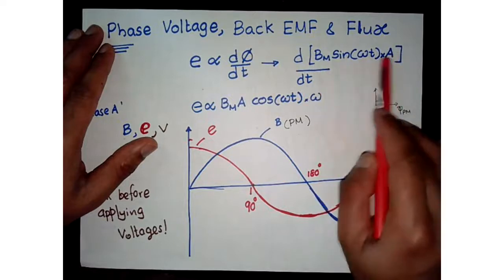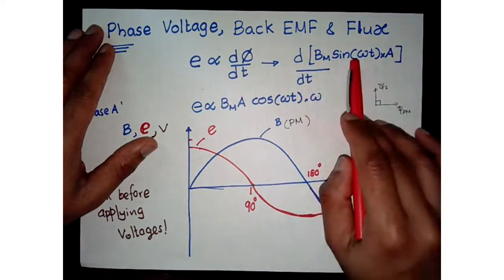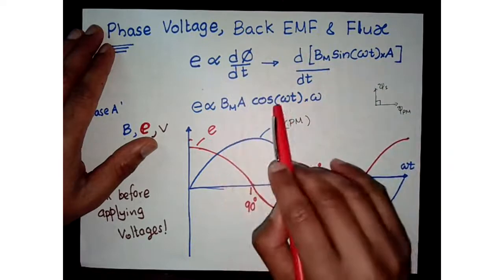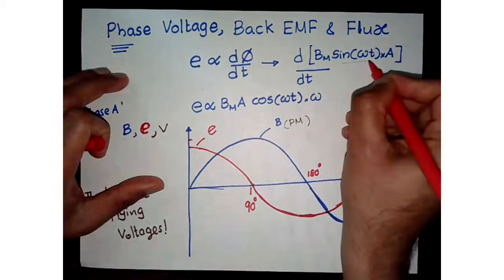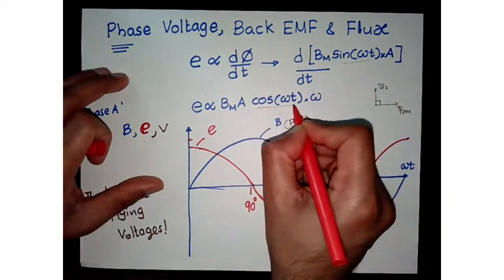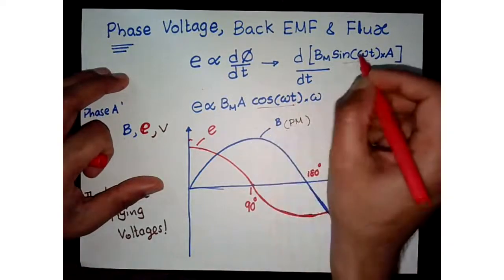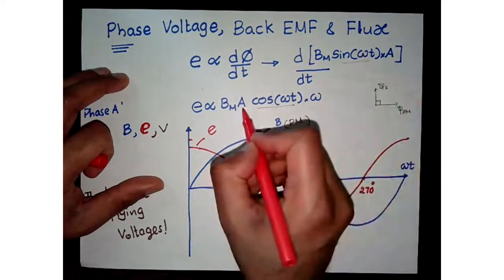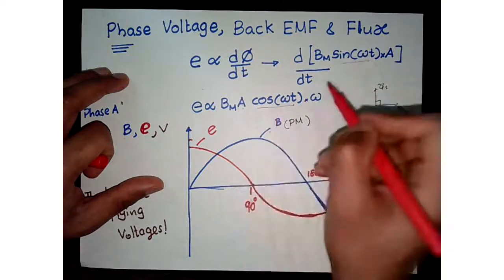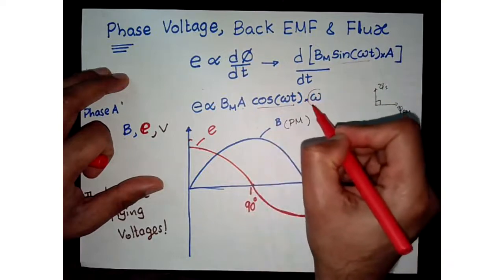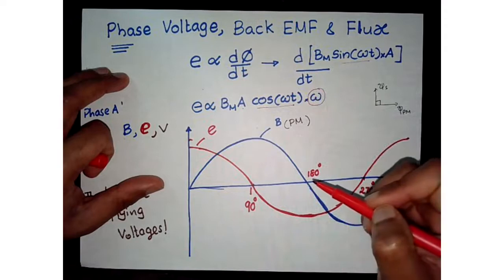Now, when we take the rate of change of our flux density, we can see that for a sinusoidal flux, we have a cosine back EMF. Okay, which means your back EMF is 90 degrees out of phase with your peak flux location. Okay, and also the amplitude changes with your speed.